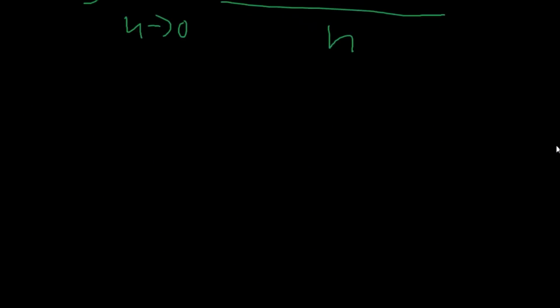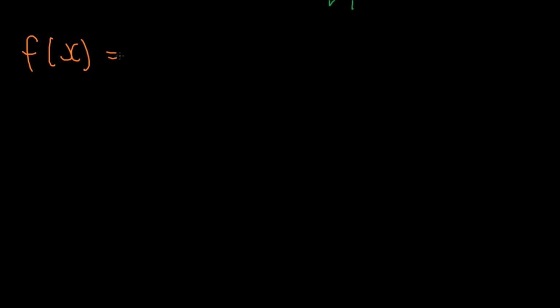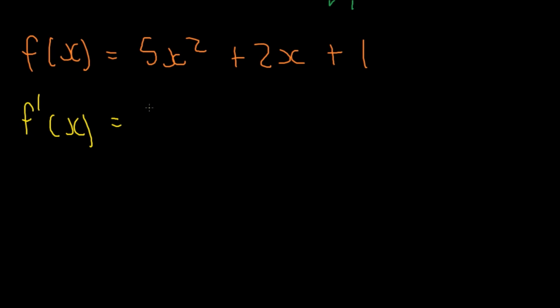So I'm going to rewrite it in orange. What we're taking the derivative of, f of x, 5x squared plus 2x plus 1. So now, when we take the derivative of this, f prime of x, it's going to equal 5. Now, taking our derivative rule, 2 times x to the 2 minus 1, which is 1. So I'm just going to leave that as 2x.